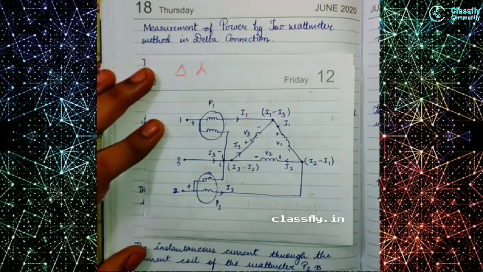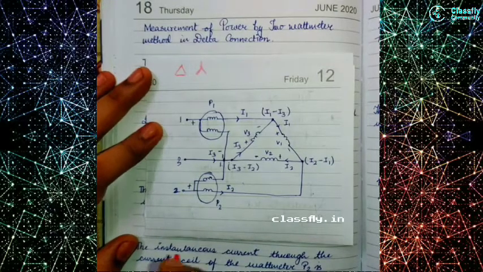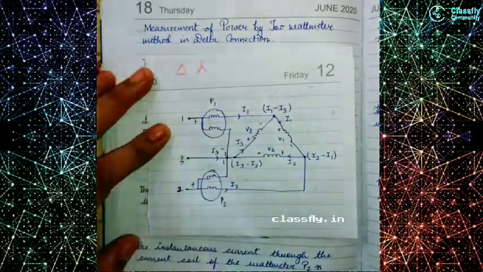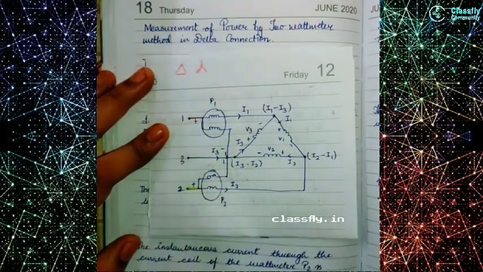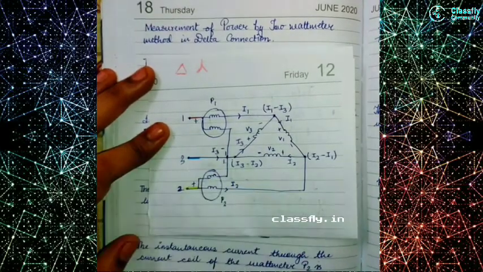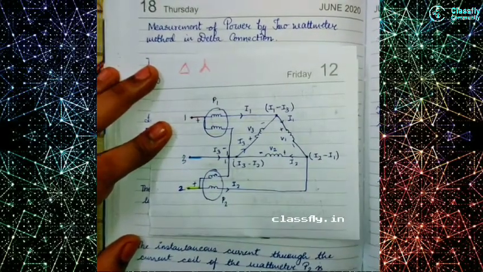We know that in a 3-phase supply there are 3 colors we need: one is the red color, another is the yellow color, and the last one is the blue color. So we will do the coloring of this delta connection first of all.